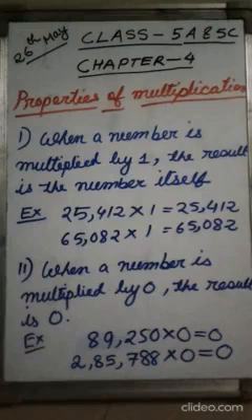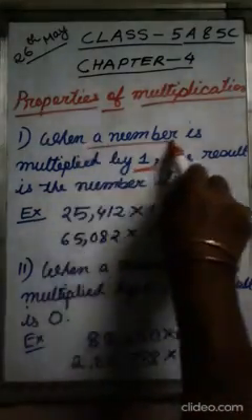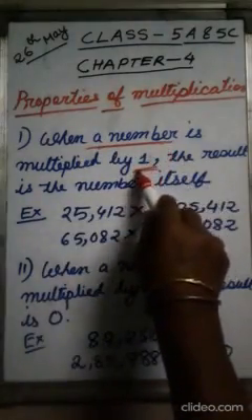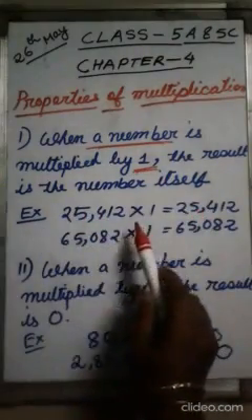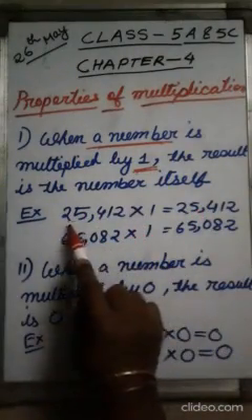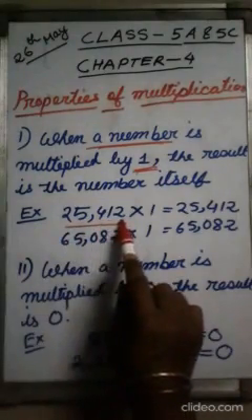Today we shall be learning about some properties of multiplication. Property number 1: when you multiply any number by 1, the result is the number itself. Suppose I have a number 25,412.